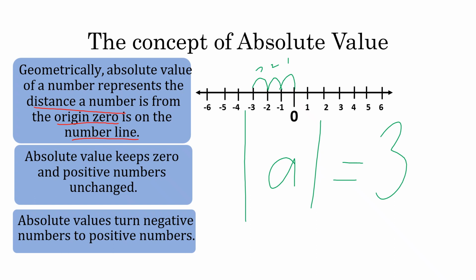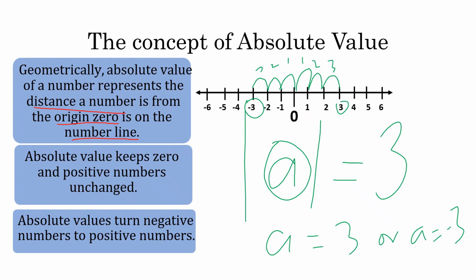A could either be negative 3 or 3, because for both of them you move 3 times: 1, 2, 3. So we can say A is equal to 3 or A is equal to negative 3. So the number inside the absolute value sign is either positive or negative. Good. Let's try the question.